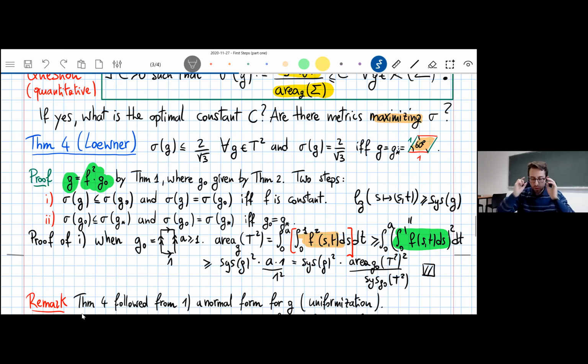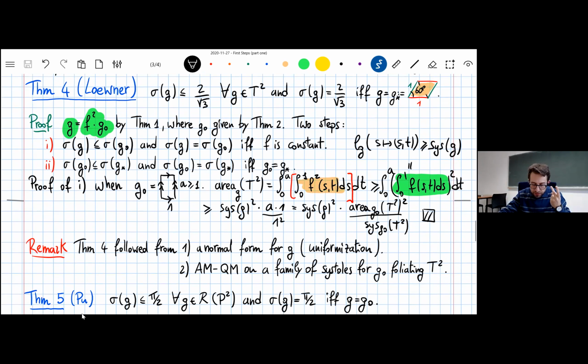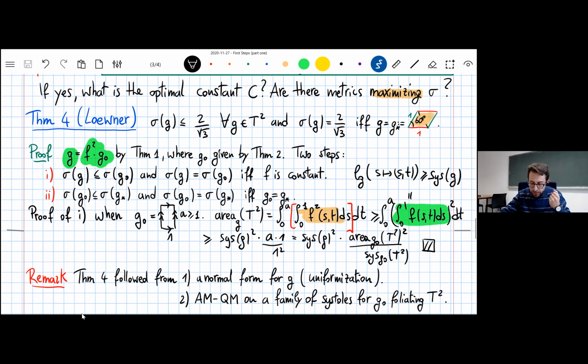Okay, so I wanted to show you this proof in some detail because now we can understand what the ingredients are. It's not important that we remember the details of the proof, but I want to comment on the two key ingredients. The first key ingredient was that we had a normal form for G, which we used in the first place: we can write G as f squared times G0.